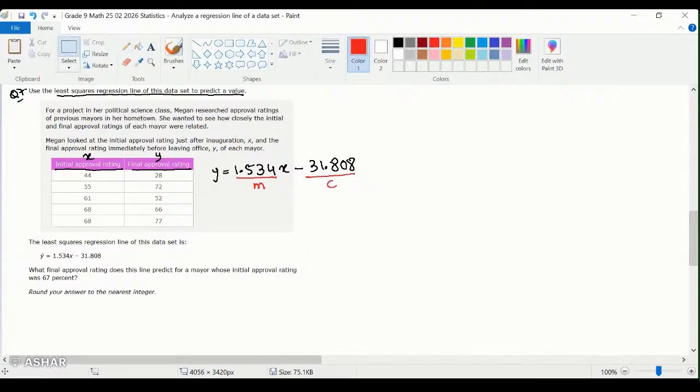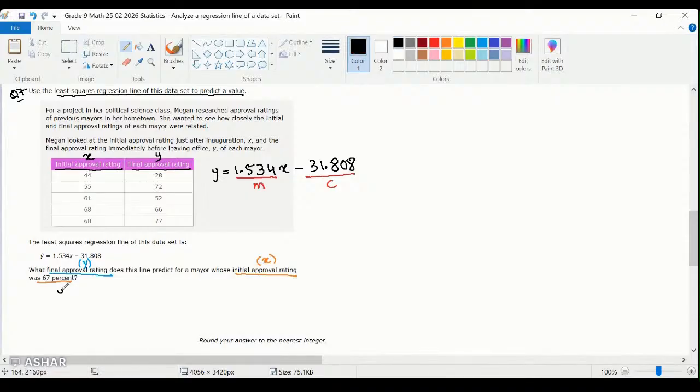What they're asking us is what is the final approval rating? Final approval rating represents the value of Y. For this line, for Mayer, whose initial value of X provided to us was 67%.